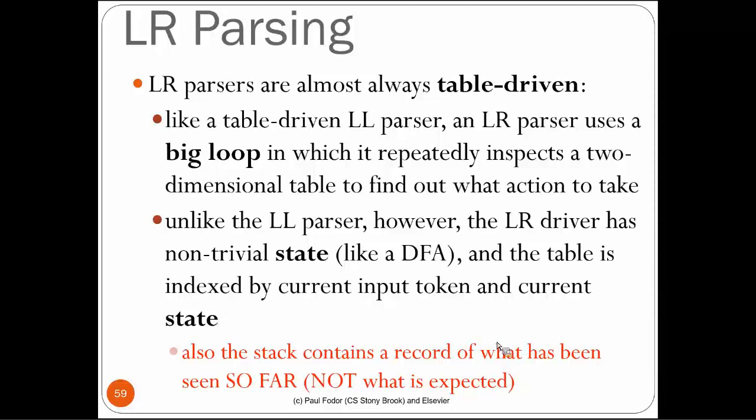Unlike LL parsers, LR parsers have a non-trivial state, usually a DFA, and the table is not indexed by the current input token and the current non-terminal, but by the current input token and the current state. Also, the stack for an LR parser records what has been seen so far, not what is expected as input to the parser.